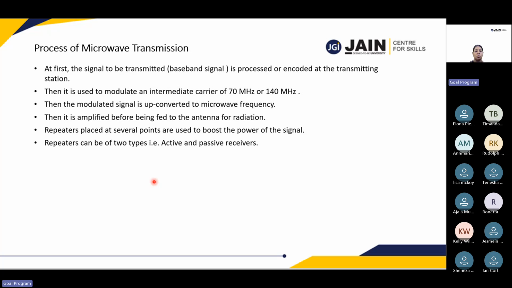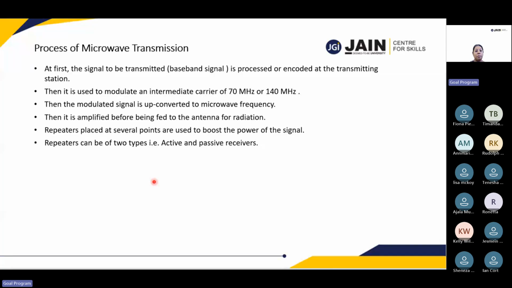Then it is used to modulate an intermediate carrier of 70 megahertz or 140 megahertz. The carrier is the one that is actually carrying your signals. Then the modulated signal is up converted to the microwave frequency.